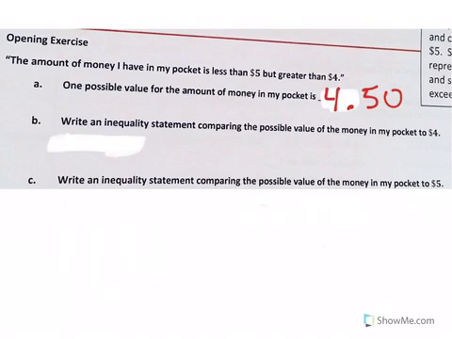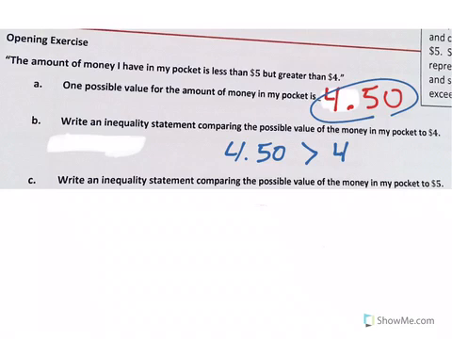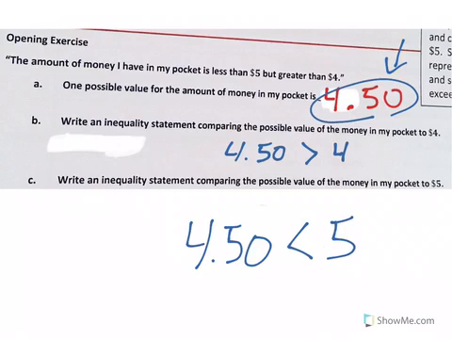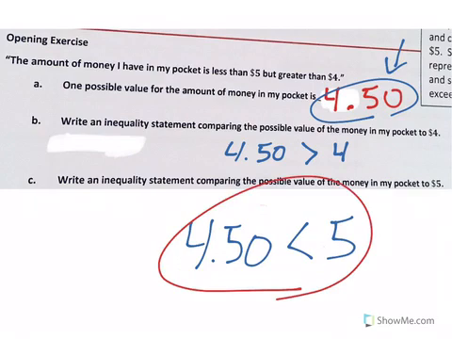Okay. So it says, write an inequality statement comparing the possible value of the money in my pocket to $4. If we're going to do $4.50, we could say $4.50 is greater than 4. Down on letter C, it says, write an inequality statement comparing the possible value of the money in my pocket, which we're going to say is $4.50, to $5. In that case, we'd say $4.50 is less than 5.